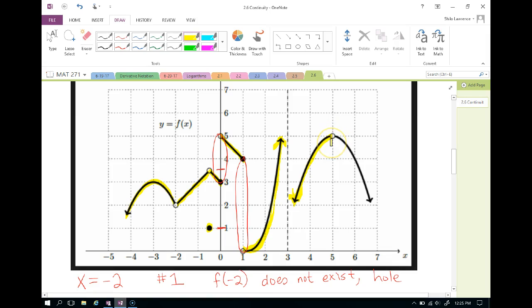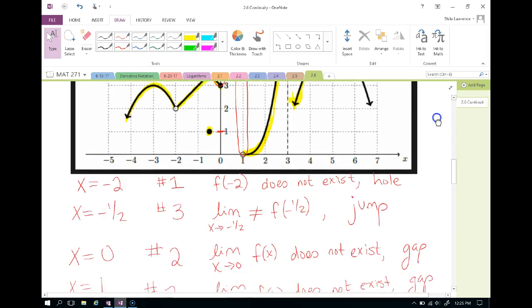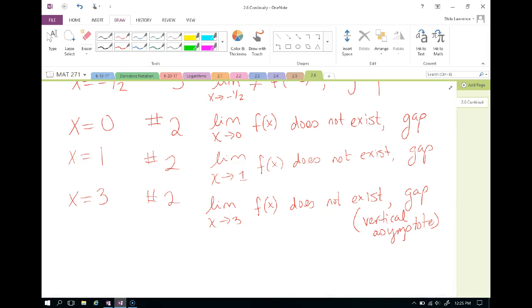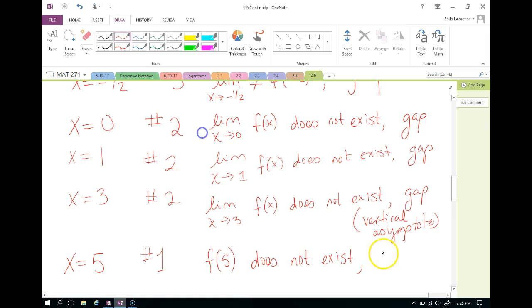That was our first criteria. So we would say there's a discontinuity at x equals 5. And that was the number 1 criteria. So at x equals 5, we're not meeting criteria number 1. f of 5 does not exist, which was a hole.